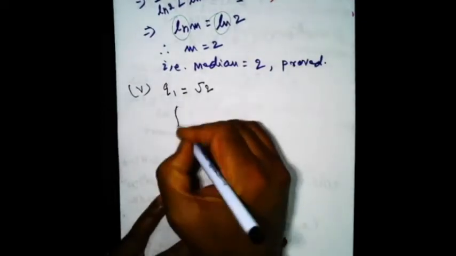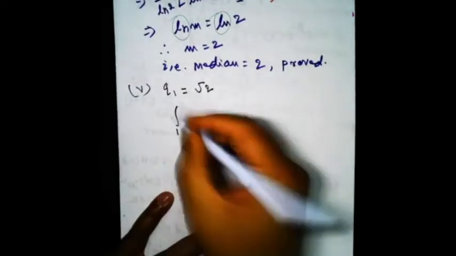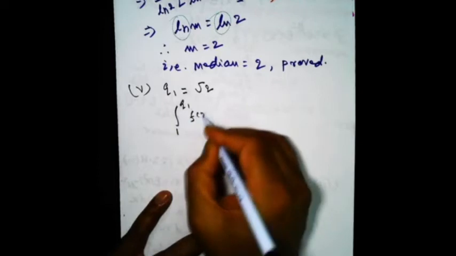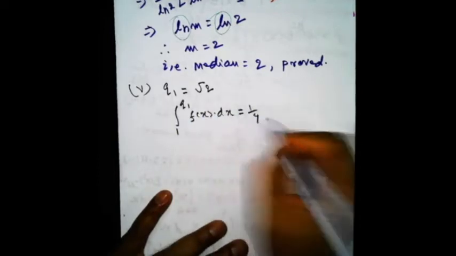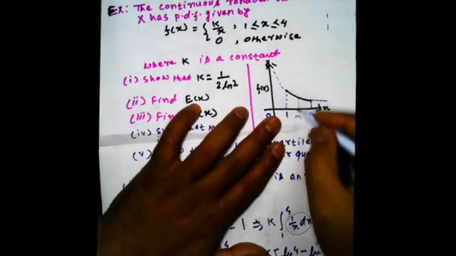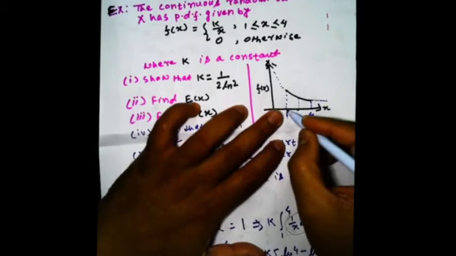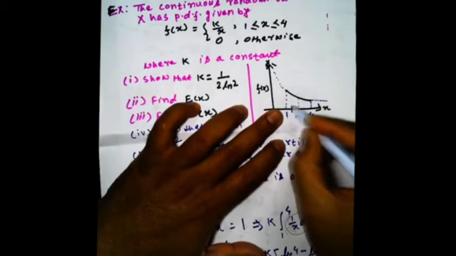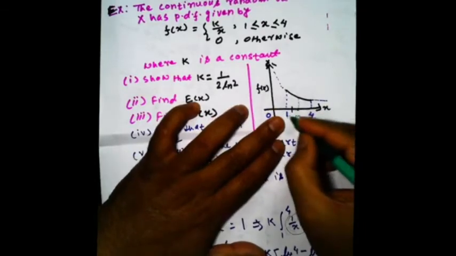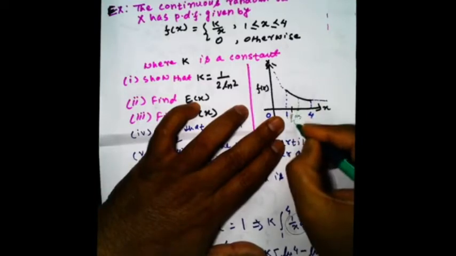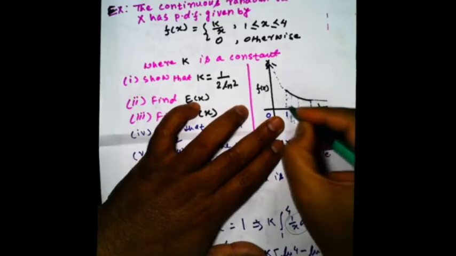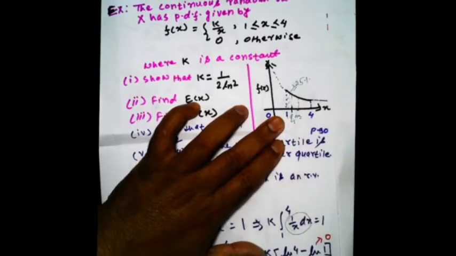It starts from 1 and ends at q1, fx dx equals 1 by 4, because if you talk about quartile value, the first quartile takes only 25% of the values, so it will be somewhere between 1 and m. So your q1 value is exactly at the middle of these two values, and it takes an area of about 25%.